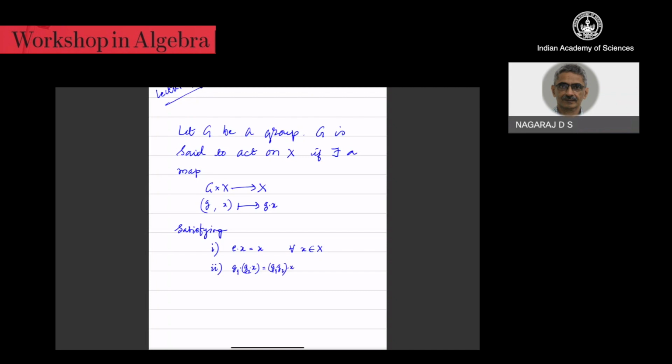If these two properties are satisfied, we say that the group G acts on the set X.